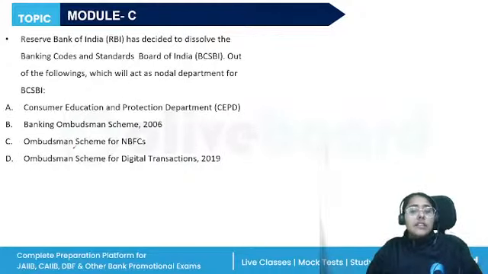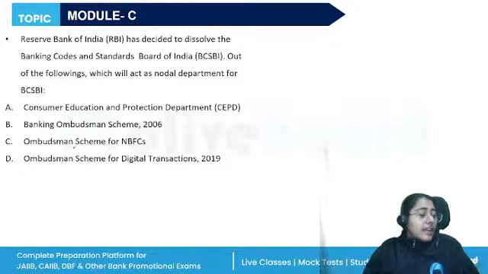Next, the Reserve Bank of India has decided to dissolve the BCSBI. Out of the following, which will act as the nodal department? The Consumer Education and Protection Department, CEPD, Banking Ombudsman Scheme 2006, Ombudsman Scheme for NBFCs, or Ombudsman Scheme for Digital Transactions 2019.